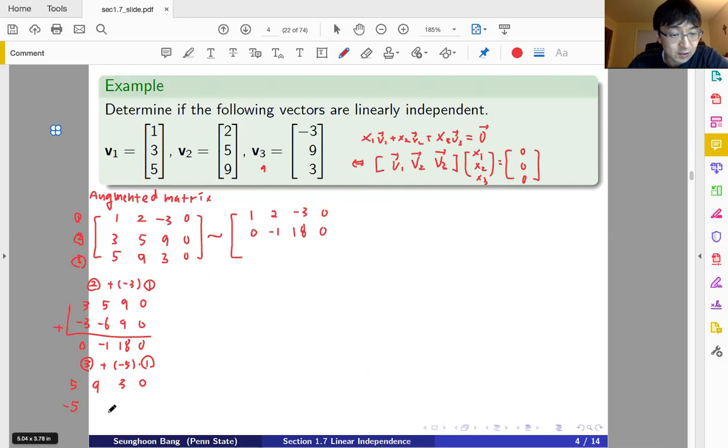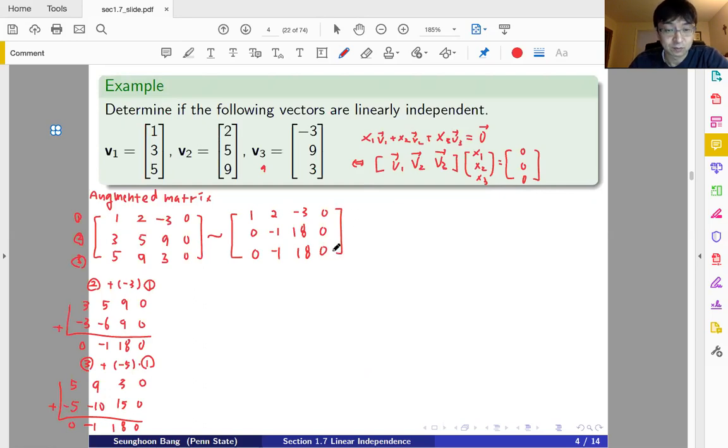The 2 times minus 5 is negative 10. The negative 3 times minus 5 is 15. And add. So we have 0, negative 1, 18, 0.